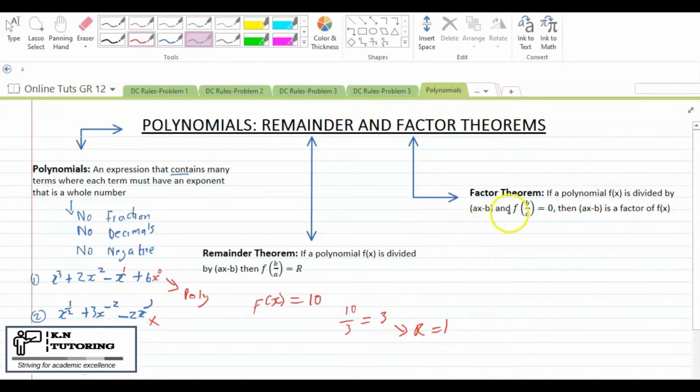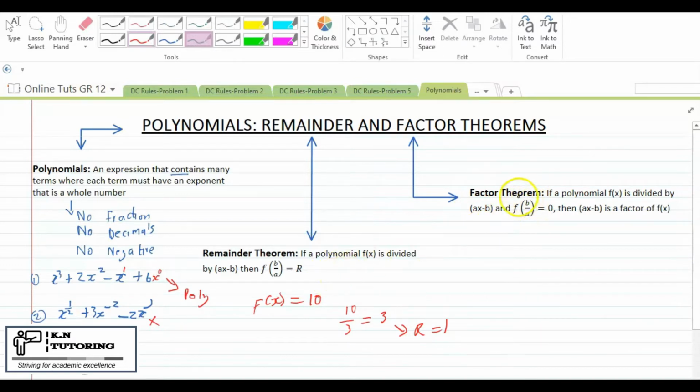But the factor theorem says if a polynomial f of x is divided by ax minus b, and the functional notation f of b over a is equal to 0, then ax minus b is a factor of f of x. The difference between these two is that with the remainder theorem, you'll get a remainder, and that remainder can be any number.